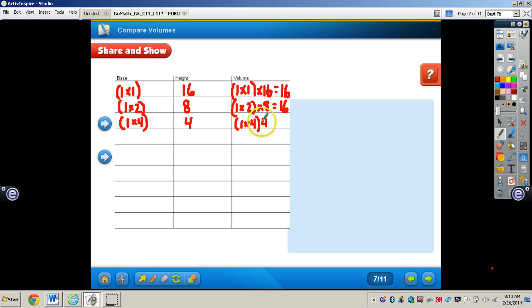Now remember, whenever there's a number next to a parenthesis, it always represents multiplication, so that's just another way to look at it. It will give us 16. So we have 1 times 16, 2 times 8, 4 times 4 there. Now we can take a look at 1 times 8, and then a height of 2. 1 times 8 times 2 will equal 16.